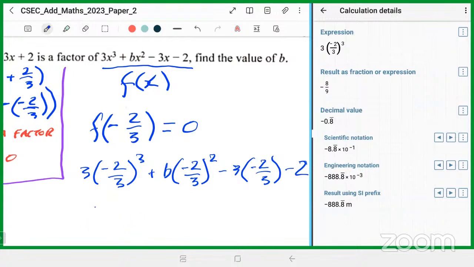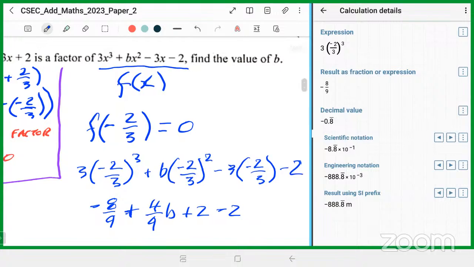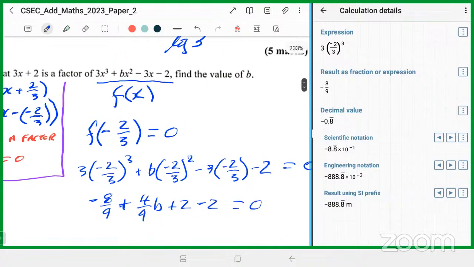So this becomes negative 8 over 9 plus 4 over 9 b. This becomes a positive 2, minus 2 equals 0.